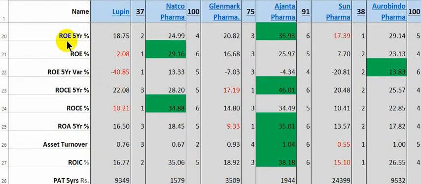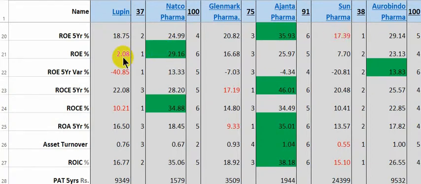So let me just go through all these 6 ratios again. The highest ROE of the last 5 years on average was of Ajanta Pharma, earning 35% on the shareholders' money. The worst performance was by Sun Pharma, earning just 17%.